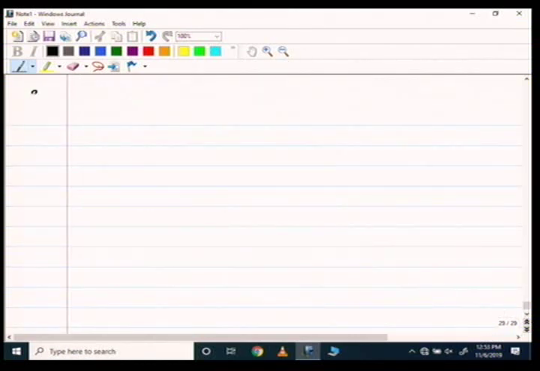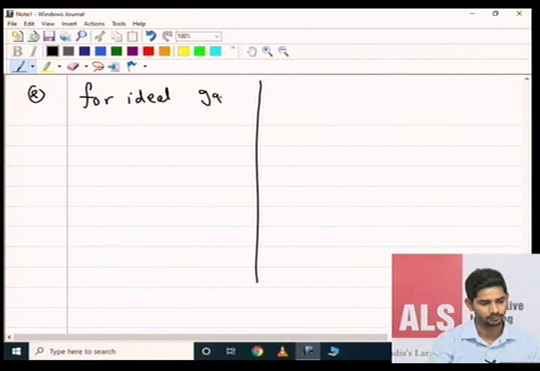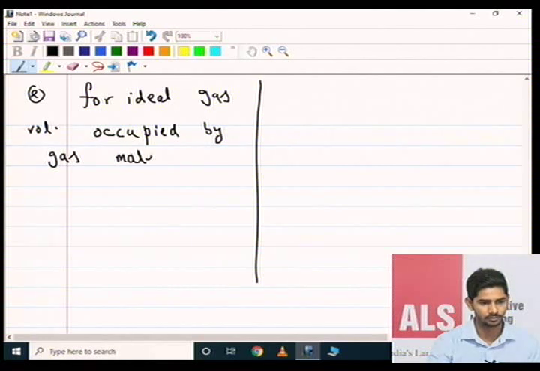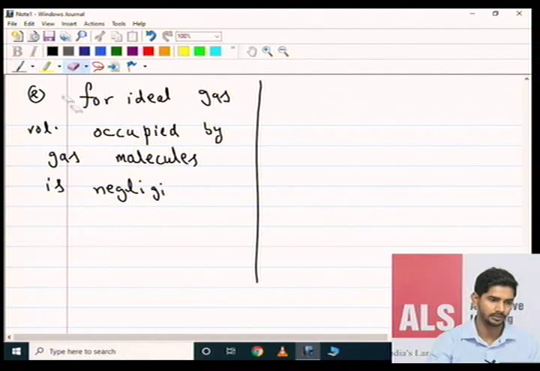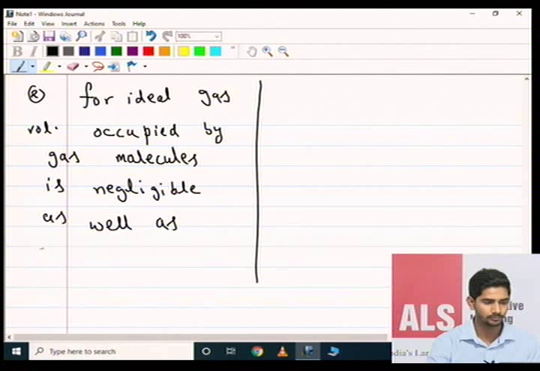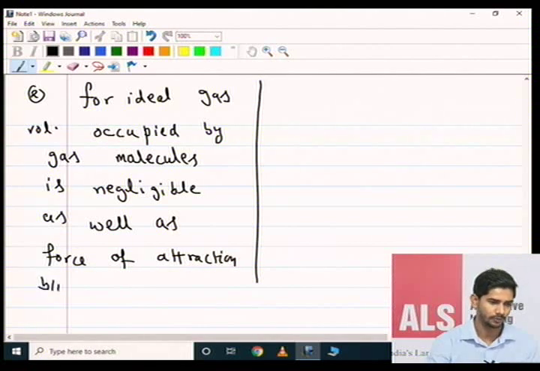Number 2. For an ideal gas, the volume occupied by gas molecules is negligible, as well as the force of attraction between gas molecules is also negligible.